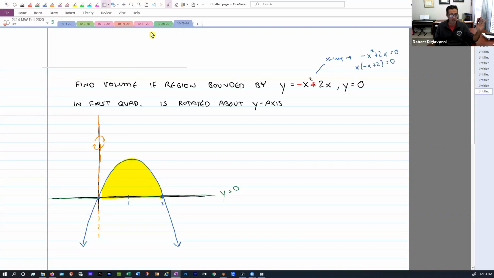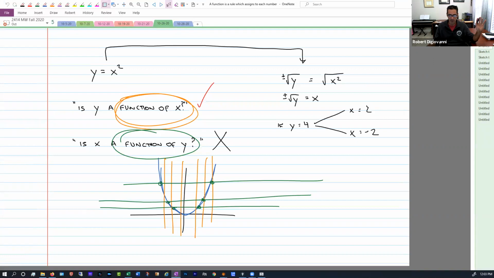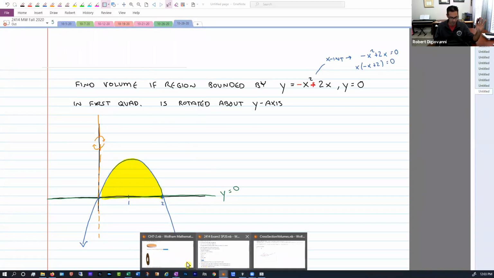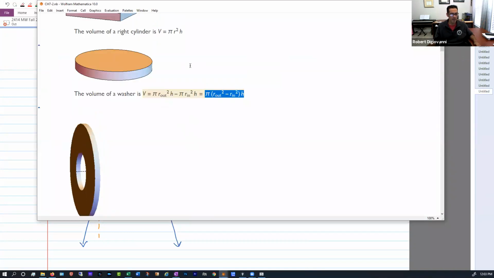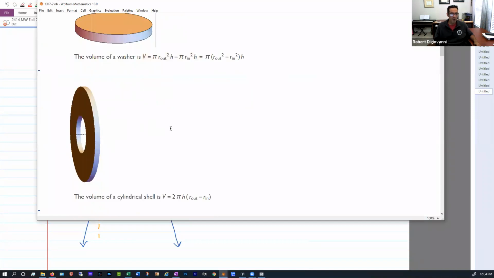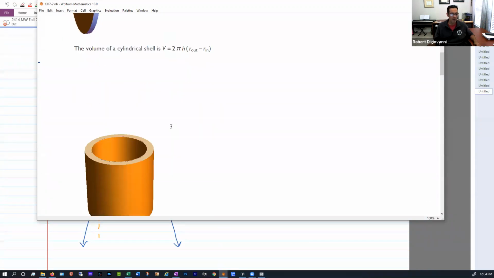When I say rethink it all, I mean we have to go back to this. Remember when we were talking about the volume of a washer and came up with a formula for it? We have to consider a new shape, what's called a cylindrical shell.